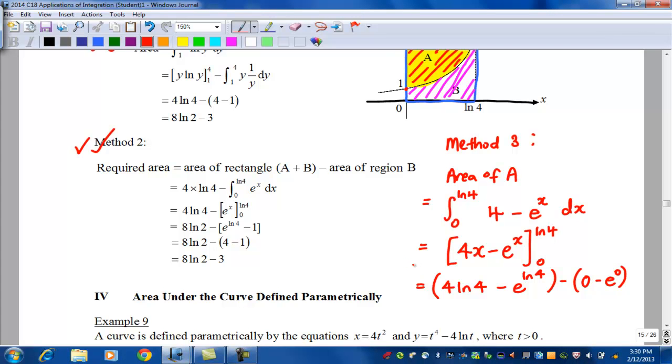So 4 ln 4 minus e to the power of ln 4, which is actually 4, and minus negative e to the power of 0, which is 1, so I have a plus 1. So I will have 4 ln 4 minus 3. And since 4 ln 4 is actually 8 ln 2, when you simplify, you essentially get back this answer, 8 ln 2 minus 3.